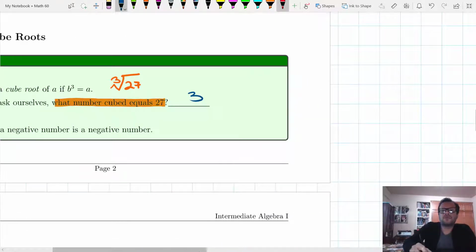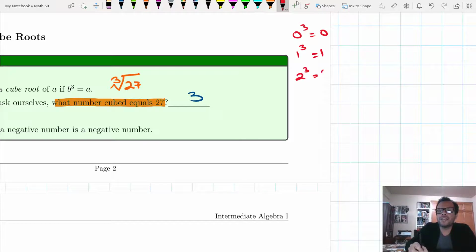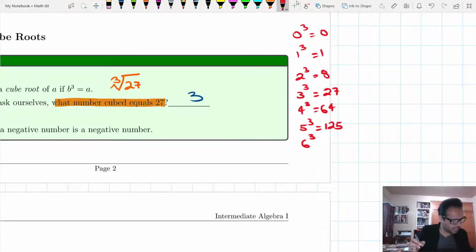Of course, I'm going to start with 0 cubed, which is 0, and then 1 cubed, which is 1, and then 2 cubed, which is 8, and then 3 cubed, which is 27, and then 4 cubed, which is 64, and then 5 cubed, which is 125, and then 6 cubed, which I believe is 216.